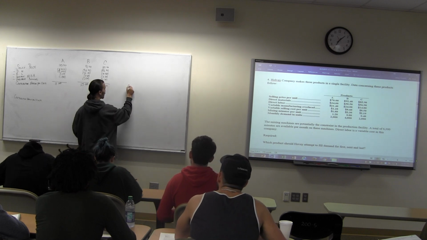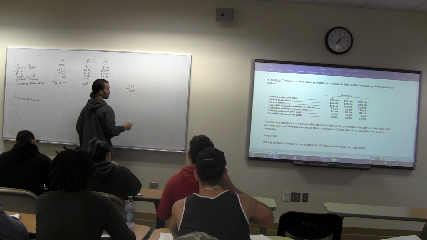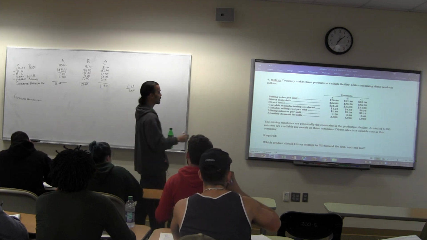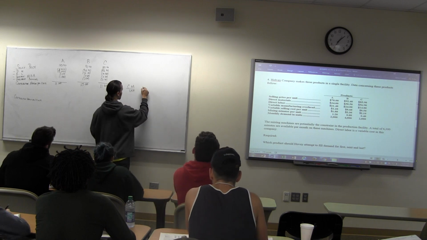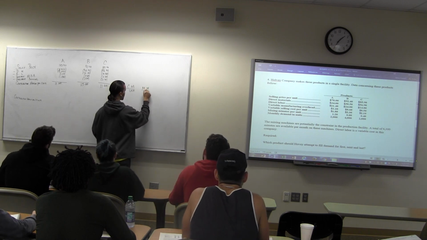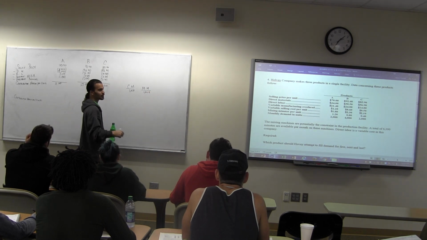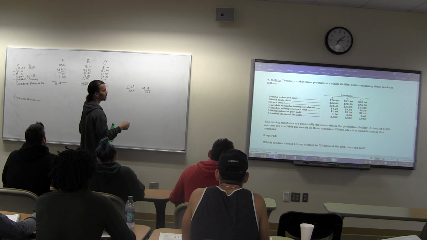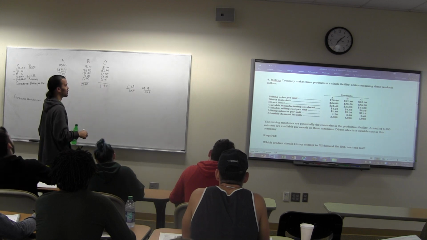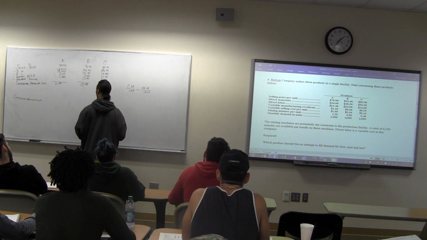So right here we have contribution margin per unit. And then we also have mixing minute per unit. If I multiplied these, I would not come out with a contribution margin per mixing minute, which is what I want. Instead, I have to divide them.